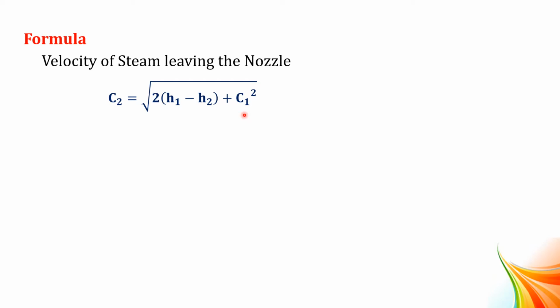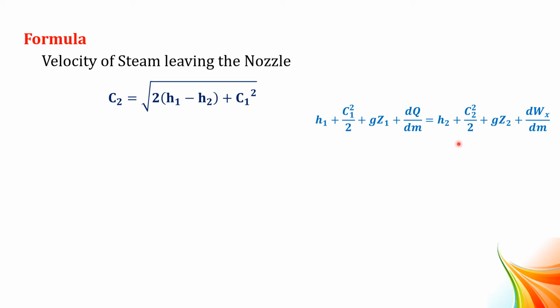C1 is the initial velocity of steam at the entry of the nozzle. This equation can be obtained from the steady flow energy equation: H1 plus C1 square by 2 plus gZ1 plus dQ by dm equal to H2 plus C2 square by 2 plus gZ2 plus dWx by dm.